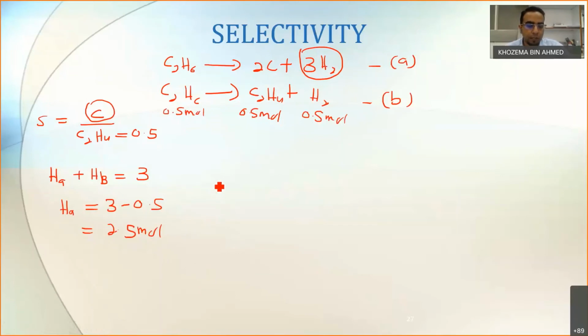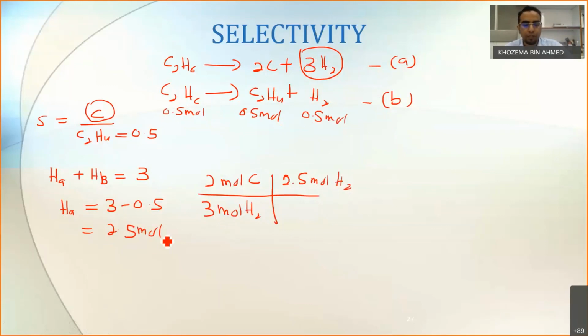I have 2 mole of carbon over 3 mole of hydrogen, because these are the stoichiometric coefficients 2 and 3. But the amount of hydrogen produced in this reaction is 2.5 mole, so I get 5 over 3 mole of carbon nanotube.